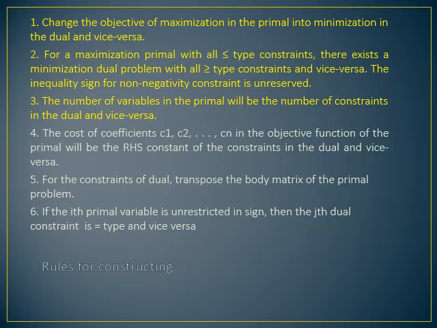So if the objective function of the primal, for example, has two decision variables, x1 and x2, the number of these variables is 2. The number of constraints of minimization in the dual version must also equal 2.